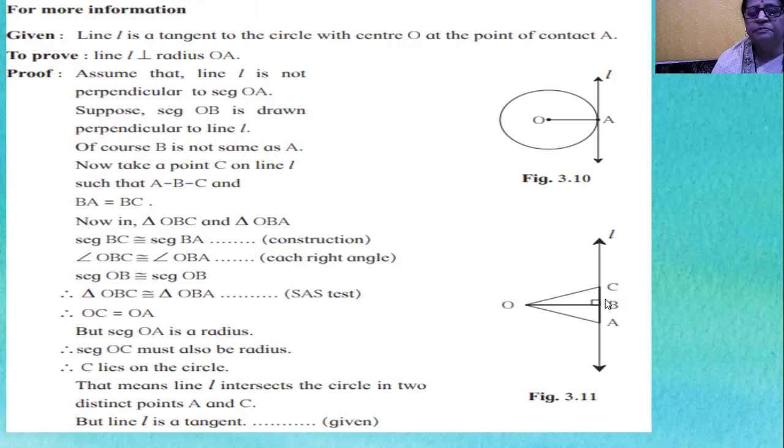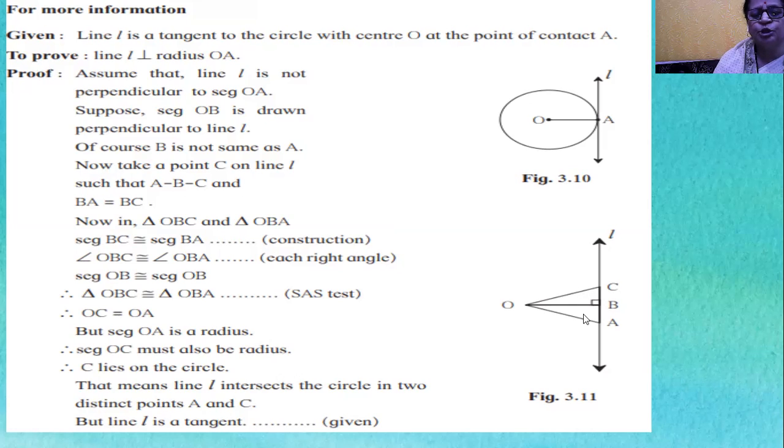Then segment BC is congruent to segment AB according to the construction. Then angle OBC and angle OBA are right angles. Then OB is a common segment for both triangles.